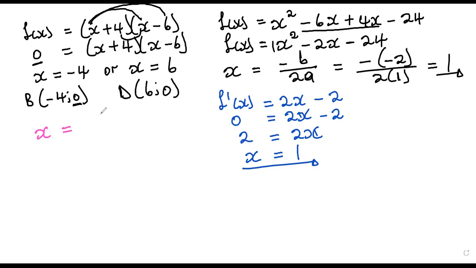So you say it's going to be negative 4 plus 6, and then you divide this by 2. So negative 4 plus 6 is positive 2. Divided by 2, you realize that your x is going to be positive 1. So you have 3 ways of finding the x-coordinate of a turning point.